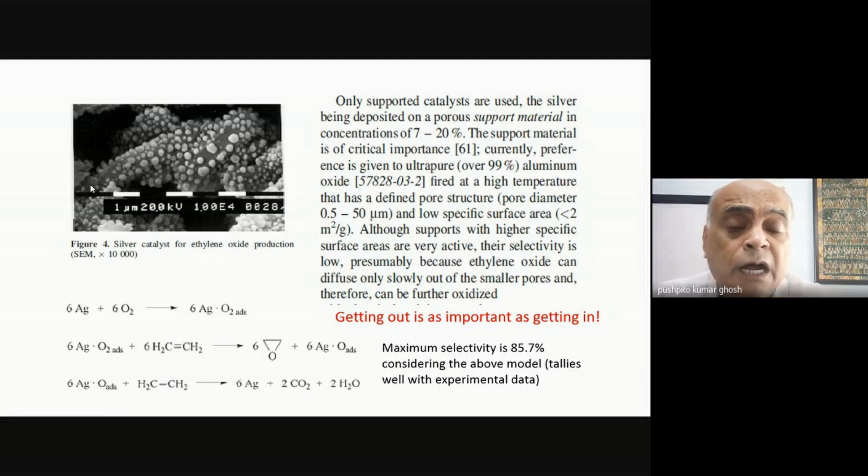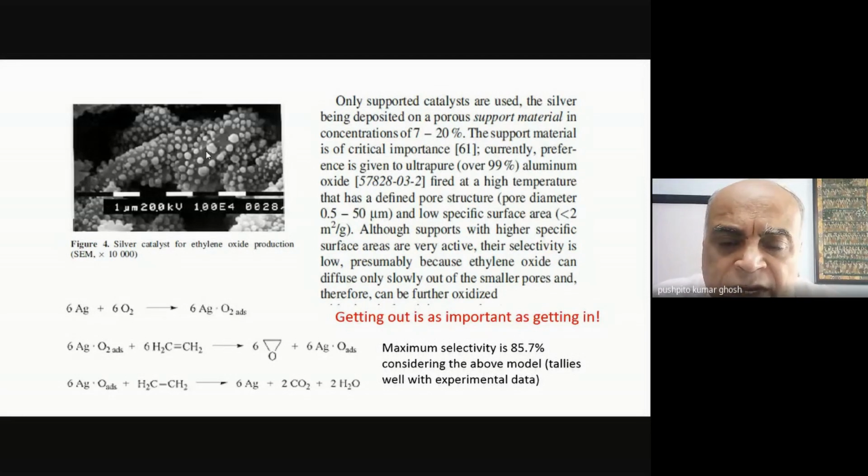Normally, we of course say high surface area catalyst, like for example zeolite. People say it's got a very high surface area. Zeolite is a great catalyst for certain applications, but certainly not for, for example, making ethylene oxide.